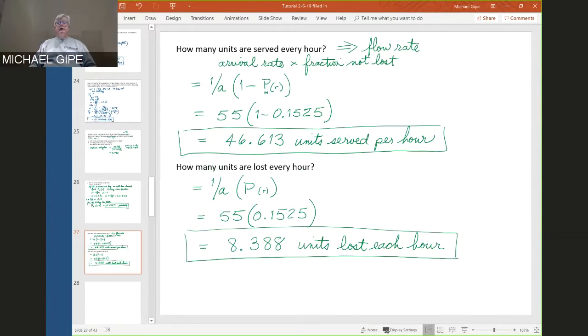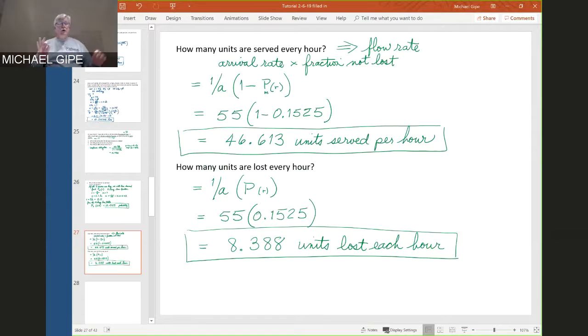Pretty straightforward application of the Erlang loss function to a variable system, variable processing, and no input queue, which means that any demand that's not able to be satisfied will be lost and will be diverted, or customers will go elsewhere, something like that.